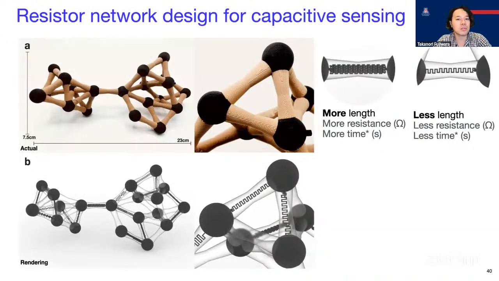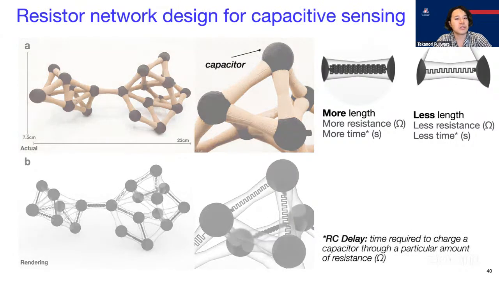So the first sub-goal of identifying touch nodes can be achieved through optimization of the resistance embedded in each link. So a conductive trace that is more densely packed will have more electric resistance. And then this will also make a capacitor take more time to get charged when we touch a node. So this time delay is known as RC delay.